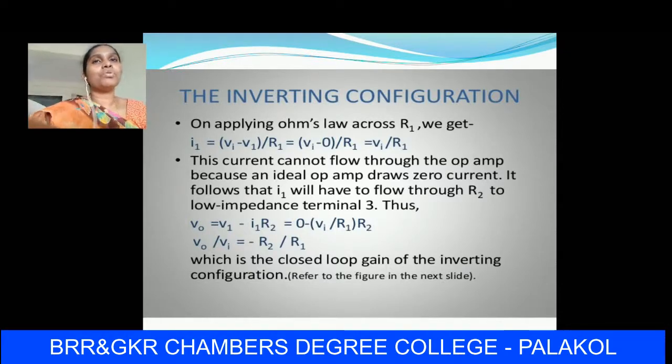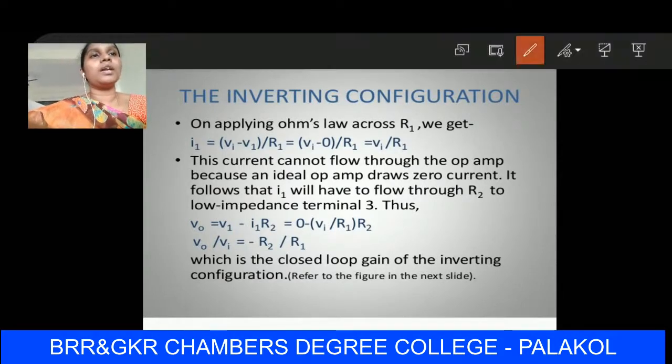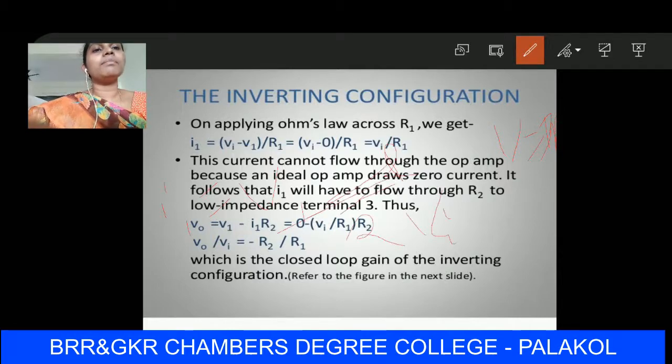All of you know what Ohm's law is: V is equal to IR, so V is equal to I into R. Here, applying the current across the R1 resistor, I1 is equal to Vi minus V1 divided by R1.